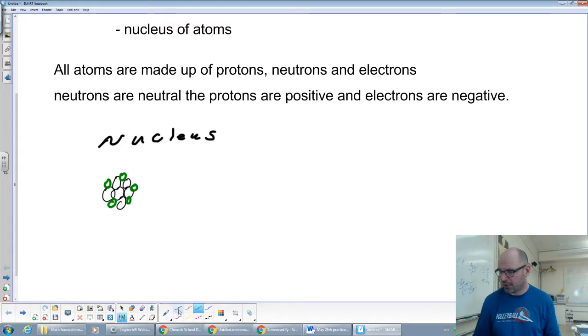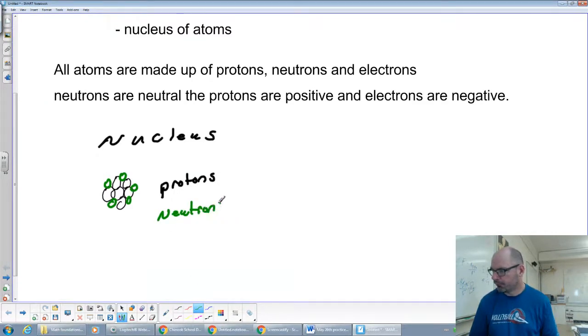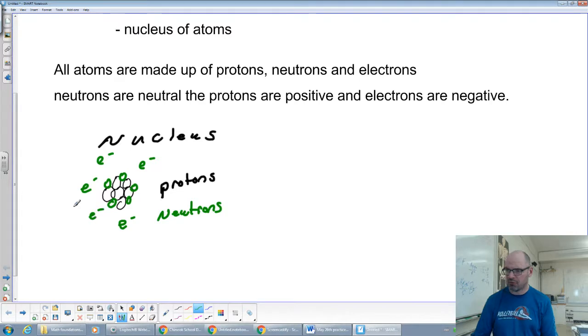The theory is we have this nucleus here, and we've got some electrons floating around it, orbiting around it depending on quantum theory. So then we've got our electrons.